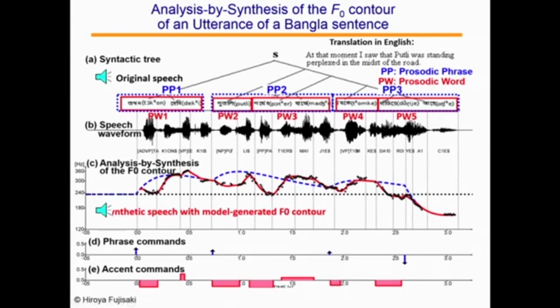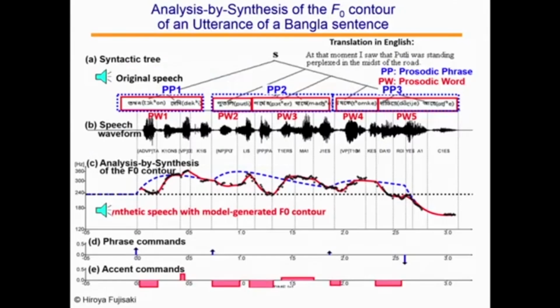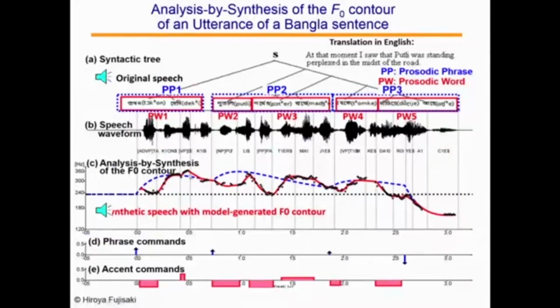So, he defined the prosodic word as a part or whole of an utterance that forms an accent type. In Bengali we found that every prosodic word begins with a negative accent. Bengali is a bound phrase language, which means that at the beginning of every prosodic word, the F0 contour is rising. If you see the F0 contour in the black line, at the beginning of every prosodic word, the F0 contour is rising.